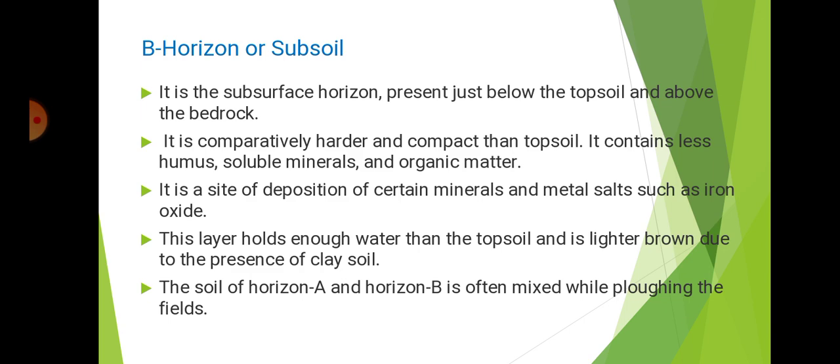It is a site of deposition of certain minerals and metal salts such as iron oxide. This layer holds more water than the topsoil and is lighter brown due to the presence of clay soil. The soil of the A horizon and B horizon is often mixed while plowing the fields.